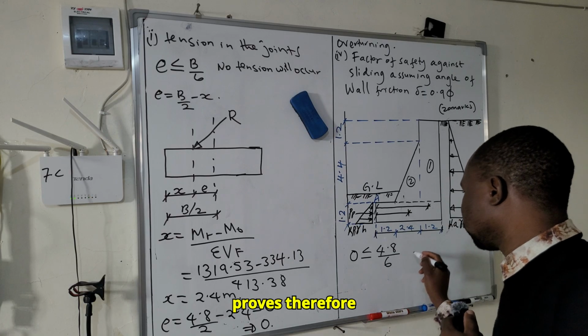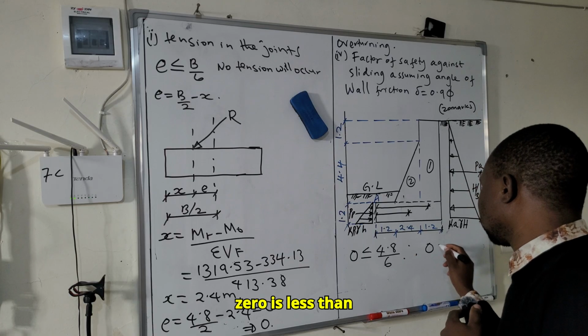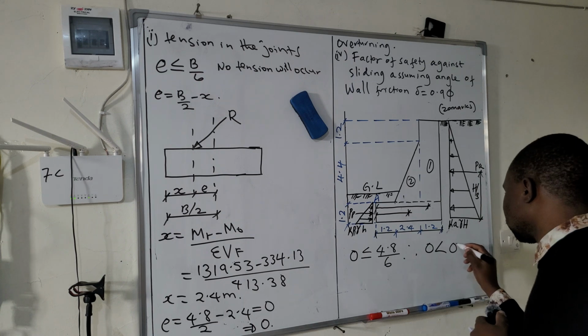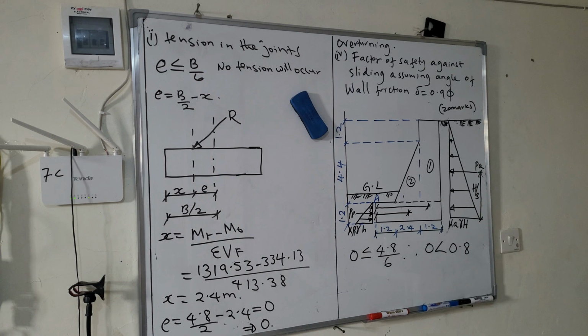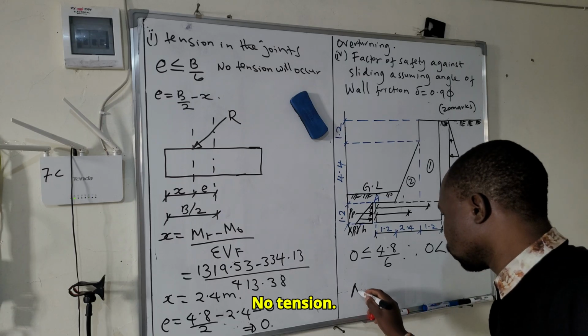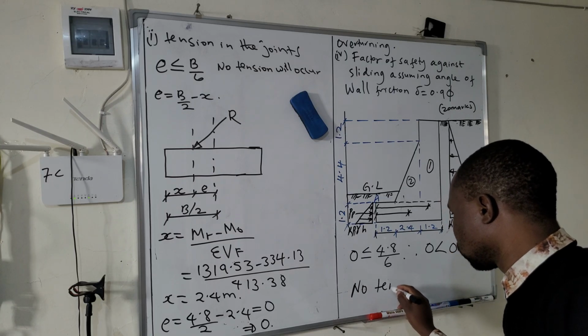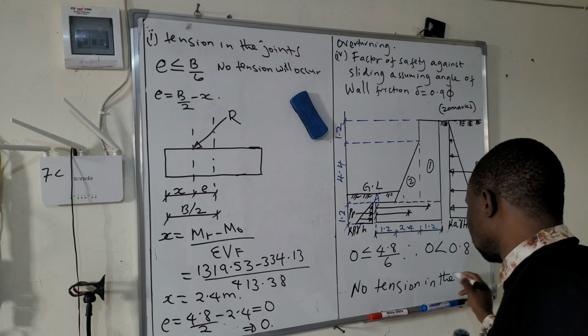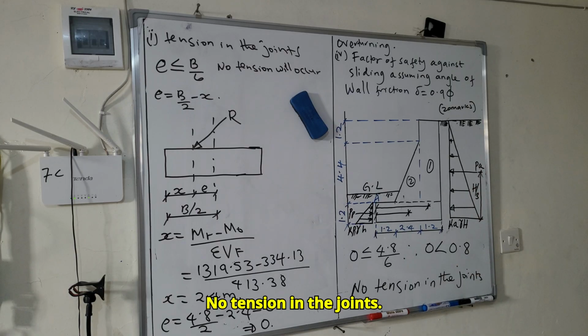It proves, therefore, 0 is less than 0.8. No tension in the joints. We proceed to question number 2.